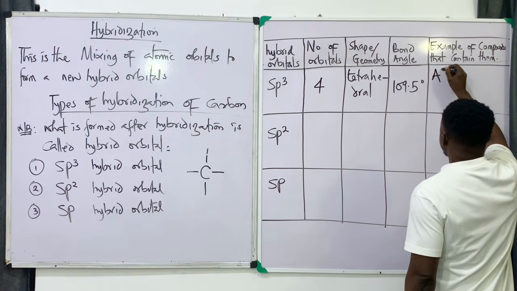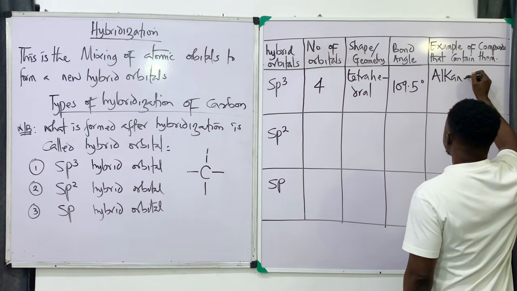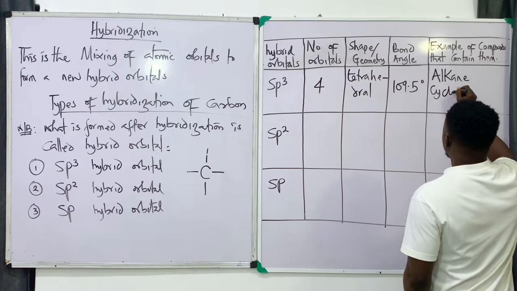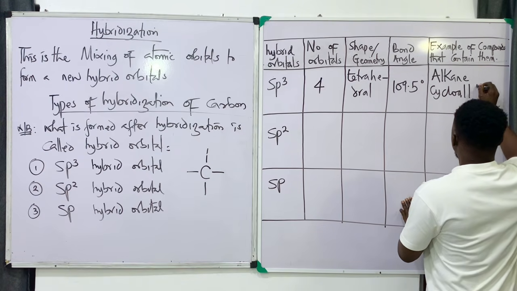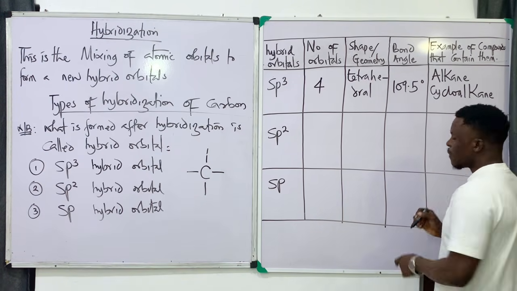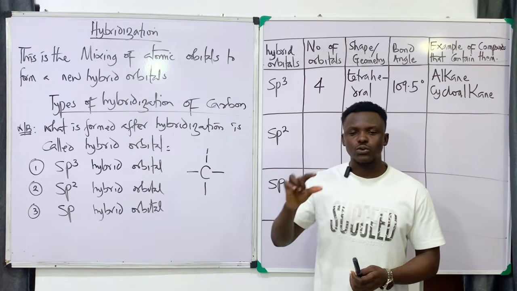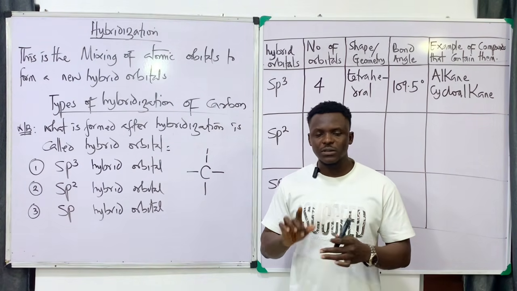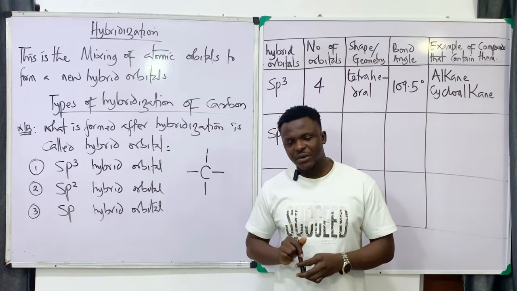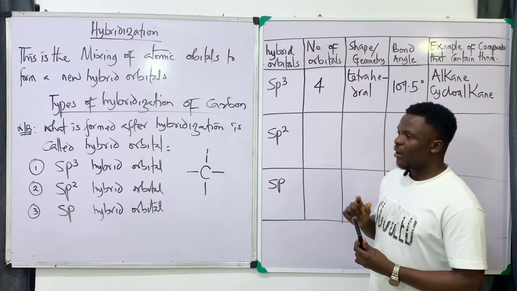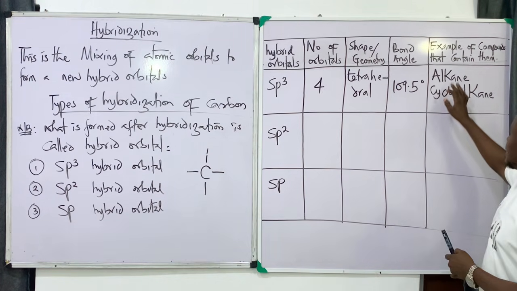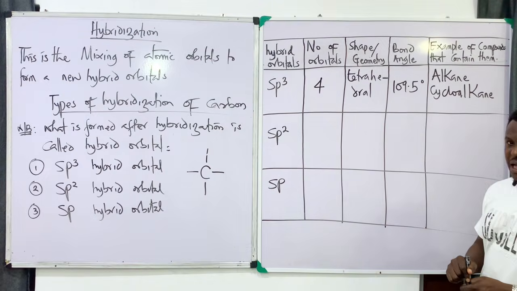In alkanes, in cycloalkanes. Do not forget that any carbon atom that has single bonds all through, no double bond, no triple bond, that particular carbon is an sp3 hybridized carbon atom, all right? And where can we find those kind of compounds? In alkanes and in cycloalkanes.